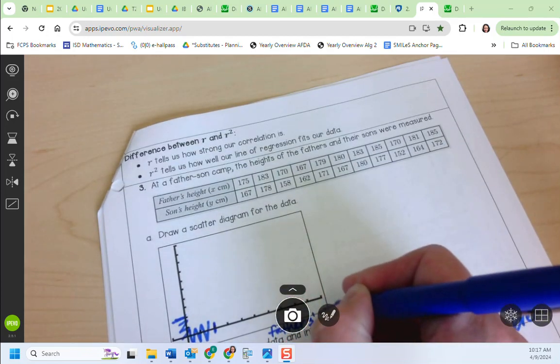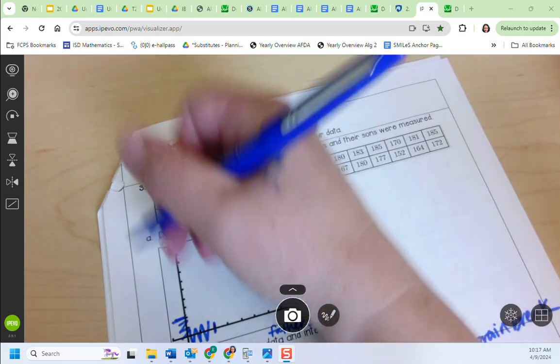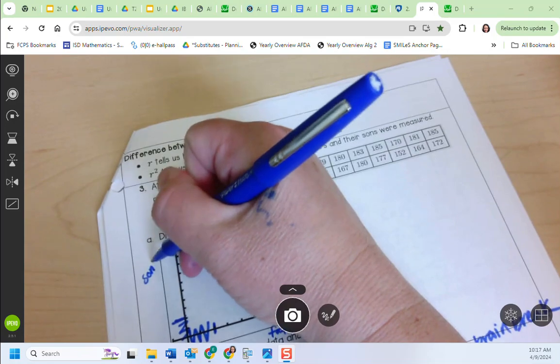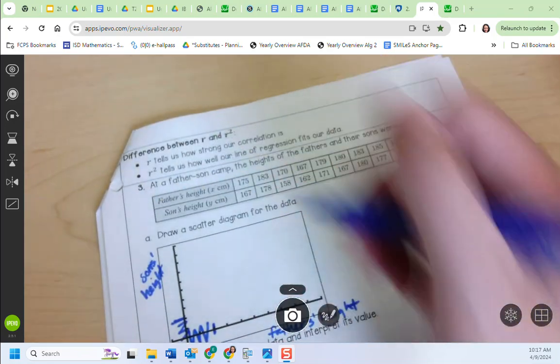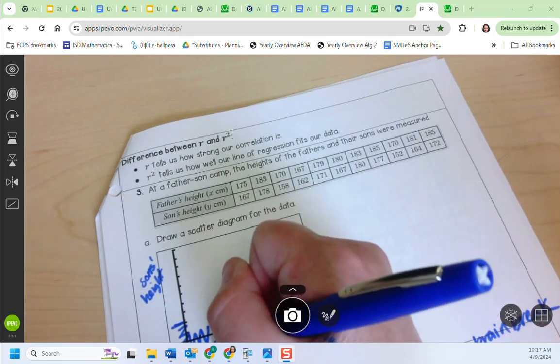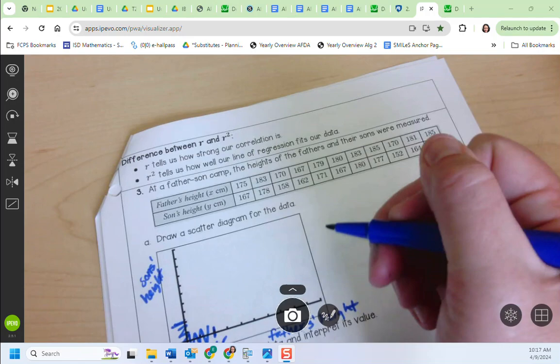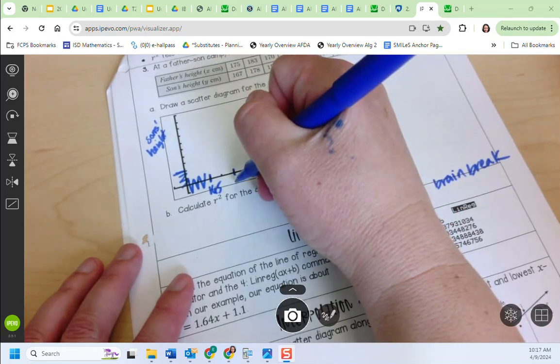And then the y-axis is son's height. And I'm just going to start at 165 after my break. And then I'm going to go 2 lines and then make it 175. And go 2 lines and make it 185.